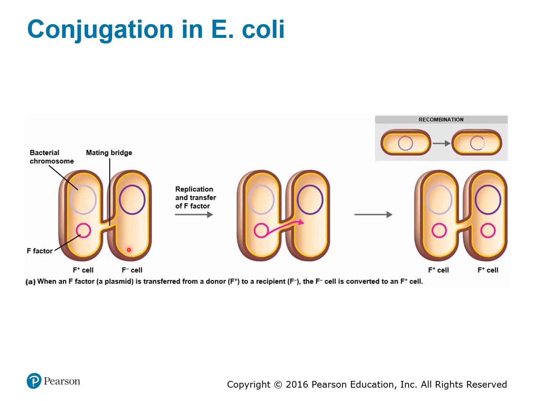This one does not, so that's why they're referring to it as a negative cell versus this one as a positive cell, because it does have the plasmid. And you can see that it can actually pass over a copy of its plasmid. So it's not giving it up, it's actually just giving that other cell a copy of its plasmid. So now they both have a copy of the plasmid.